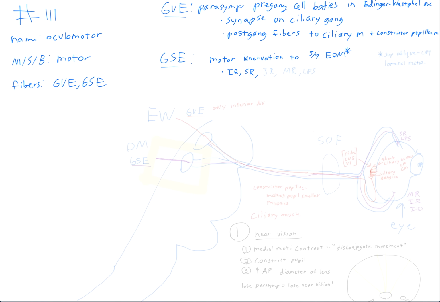What these fibers are doing. What's the foramen that they're going through? Superior orbital fissure. Good. Superior orbital fissure. So we're going to walk through it, okay?